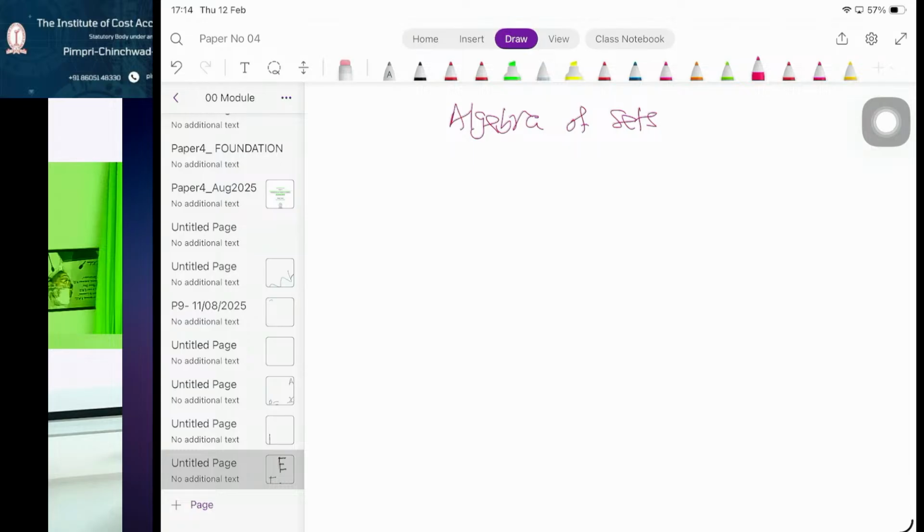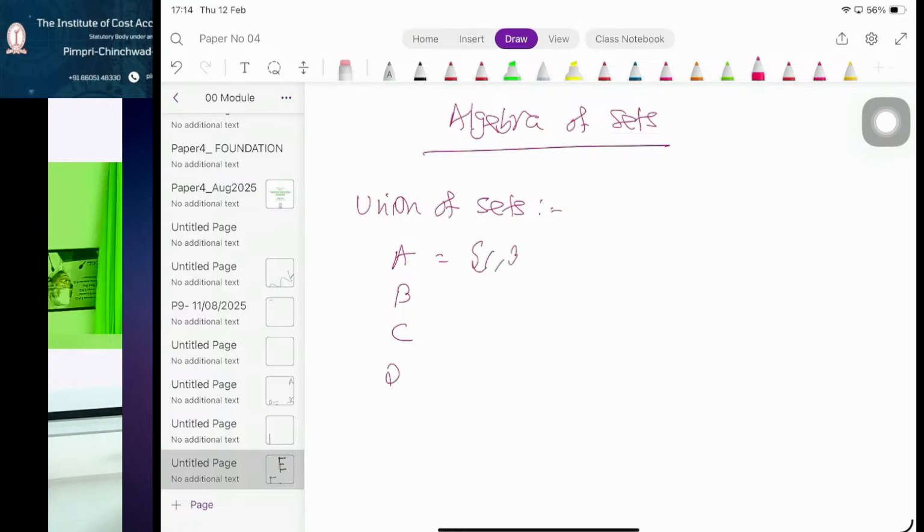But the algebra of a set related with Venn diagram, and the algebra of a set related with the set values, these are two different parts. Now let's see the algebra of sets, union of sets. Suppose you have 4 different sets, A, B, C and D. A contains 1, 3, 4, 8. B contains 1, 9, 16, 24.